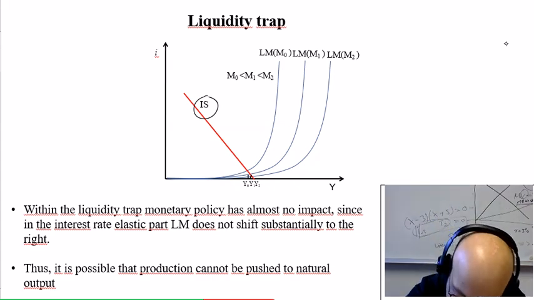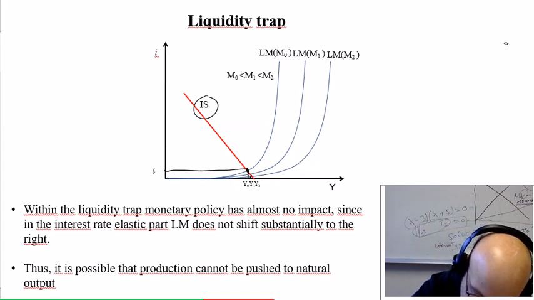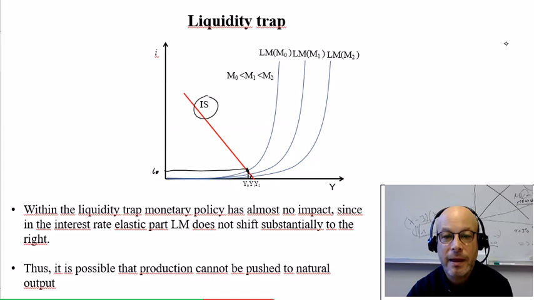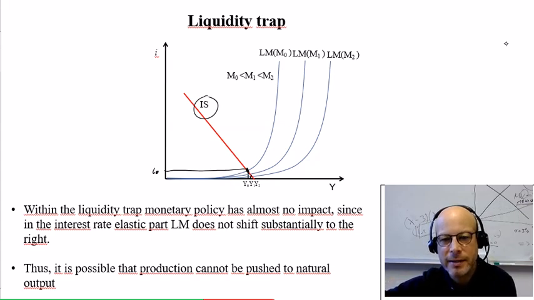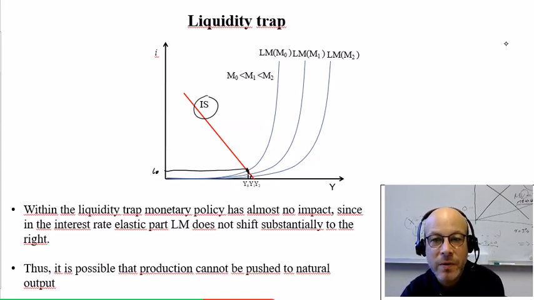But if the cut is already at very low interest rates, then of course if we are increasing monetary base at the central bank, especially the Fed and the ECB has done it after the financial crisis. They really started to buy and buy and buy bonds at the capital market with central bank money.